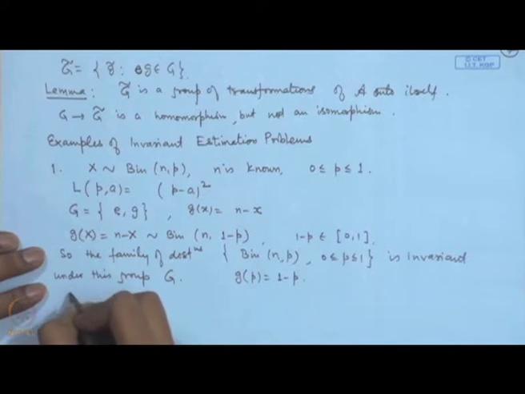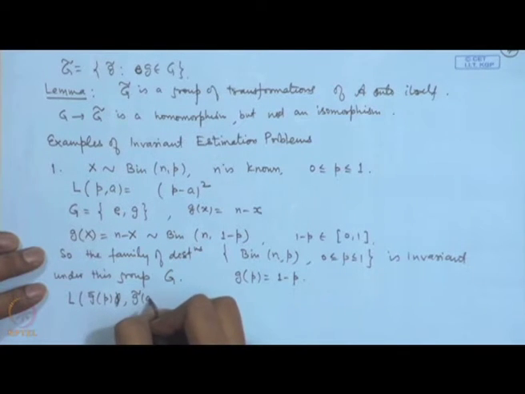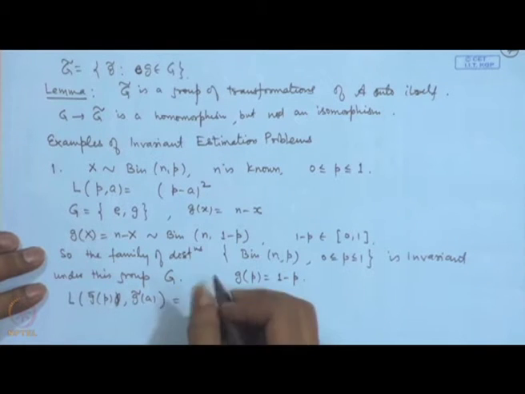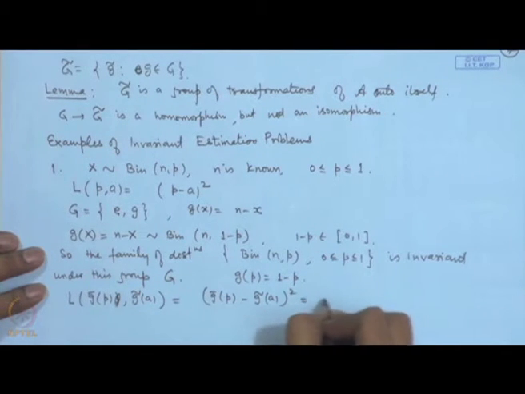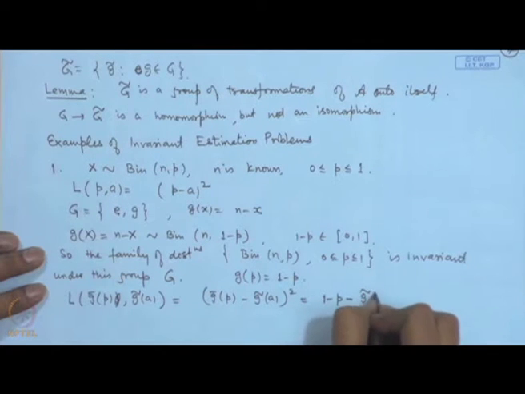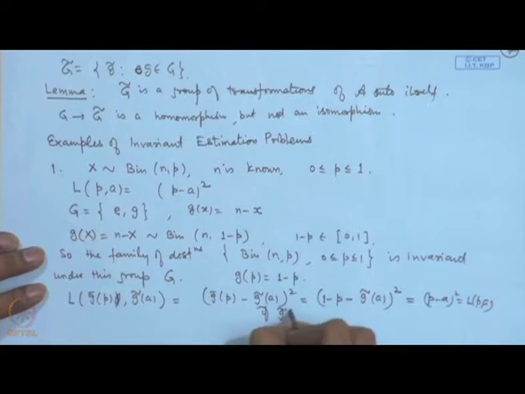So, if I consider, say, L of g bar p and g tilde a, that is equal to g bar p minus g tilde a square, that is equal to 1 minus p minus g tilde a square. Now, that will be equal to p minus a square, that is L p a, if g tilde a is equal to 1 minus a.